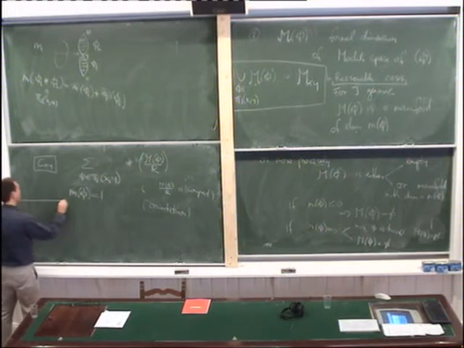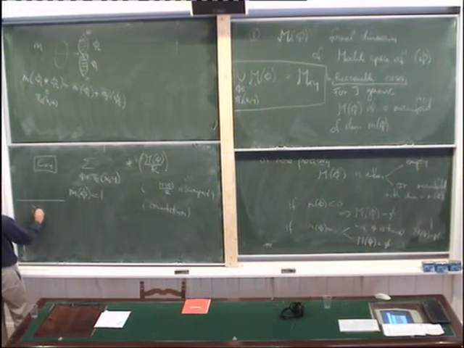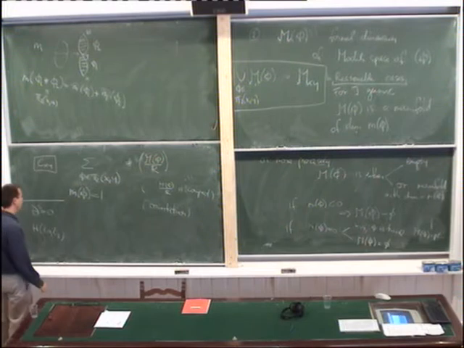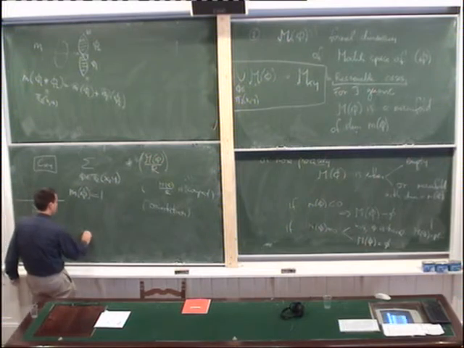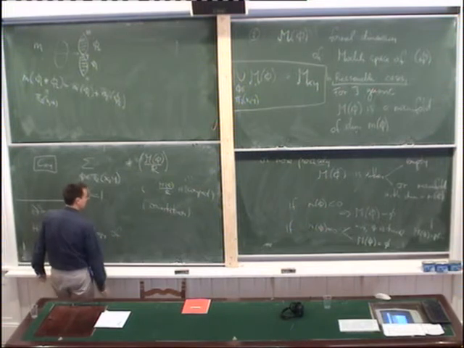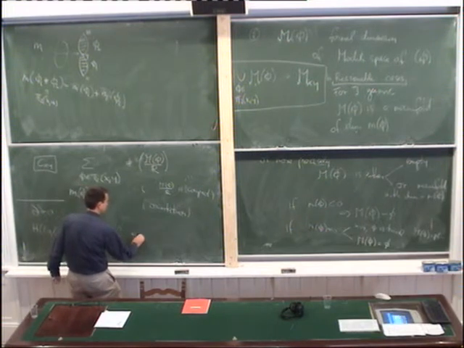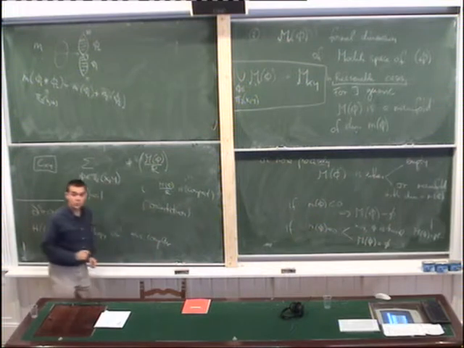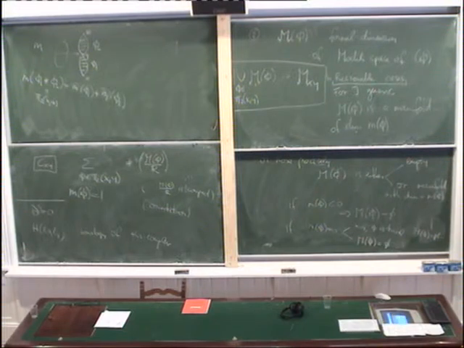And with some work, you can usually prove that d squared is 0, and then the homology of L0, L1 is the homology of this complex. So, in a nutshell, that's Lagrangian Floer homology.